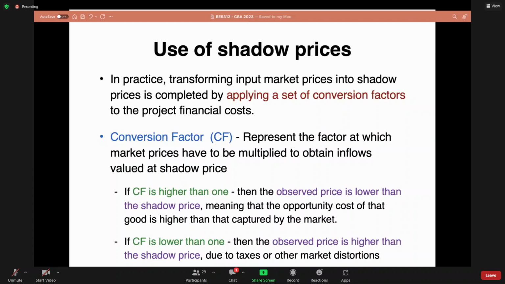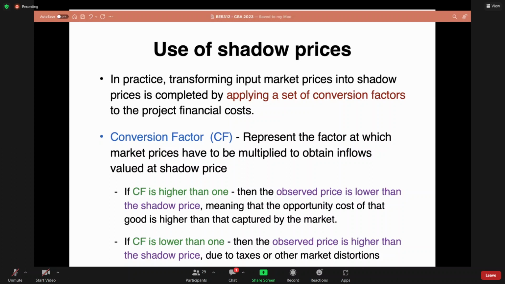So usually in CBA, you do this by assigning what you call a conversion factor to the financial cost, to convert it into its economic cost, to make sure it reflects the opportunity costs.